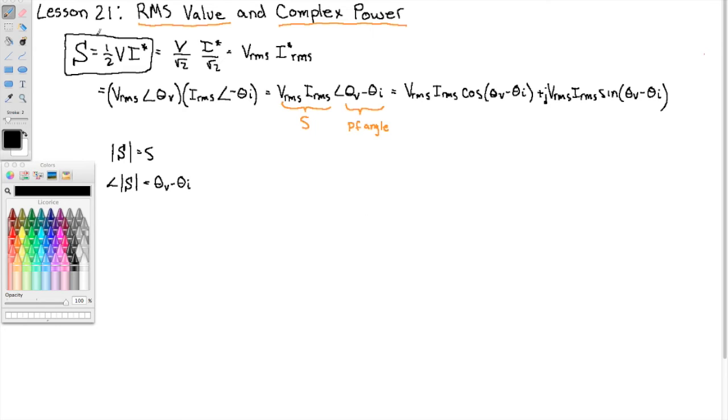But again, here's complex power in the box. And notice the relationship we get here is that the magnitude of complex power is the apparent power, and the phase of the complex power is the power factor angle.